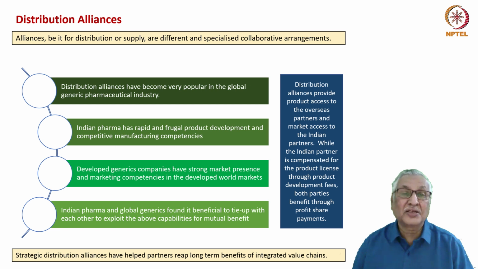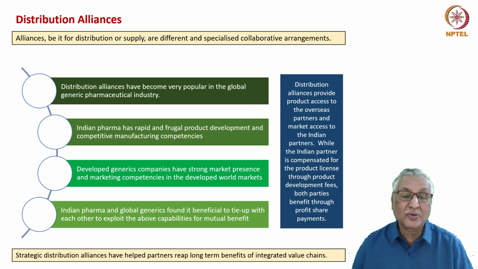And this distribution alliance model has helped the Indian pharmaceutical industry occupy a strong and large space in the Western generic market space. That's why distribution alliances became very important, not only for global pharmaceutical generic majors, but also for the Indian pharmaceutical industry.